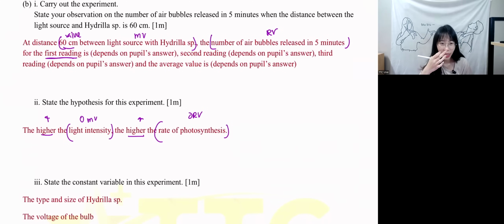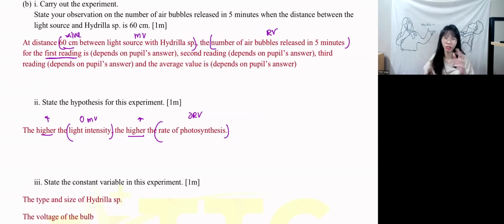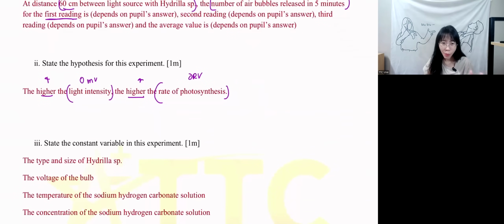A bit weird, maybe. The nearer the distance of the light source to the hydrilla species, the higher the number of air bubbles released in 5 minutes. Okay, these can also be hypotheses as long as your result is correct. In a hypothesis, there is no need to write any value, just higher or lower, whichever one.